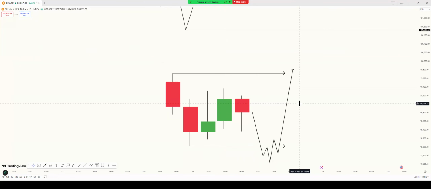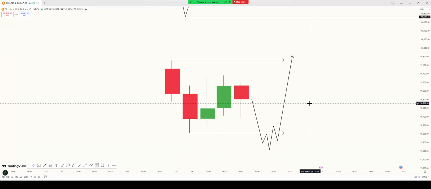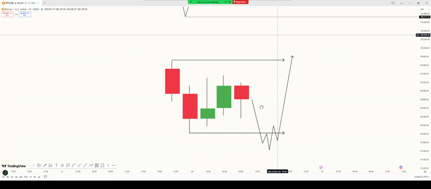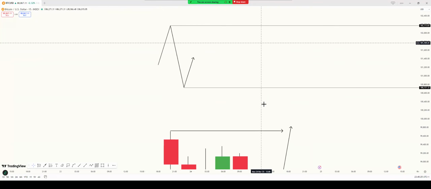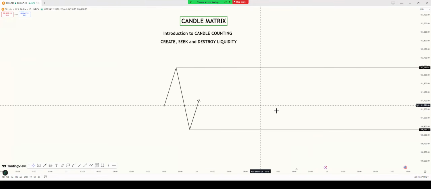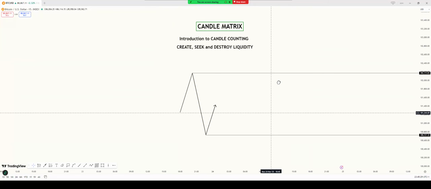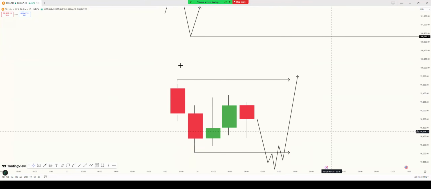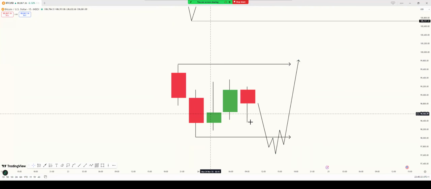So what do you do now? You study. You go to the charts and you confirm this. Now, this is a very broad concept. I call it broad because a lot of stuff goes into picking the right dealing ranges, right?